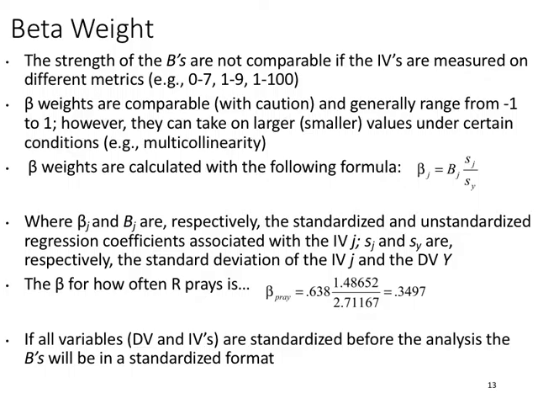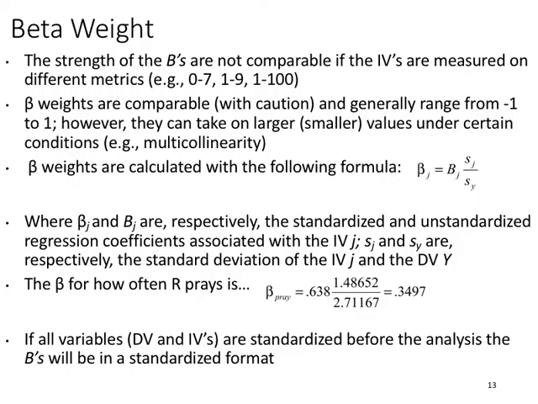Beta for independent variable J is just the B for independent variable J times the standard deviation for independent variable J divided by the standard deviation for the dependent variable. So you'd first just do this division and multiply it by the B, and you're going to get a value that will generally range between minus 1 and 1.